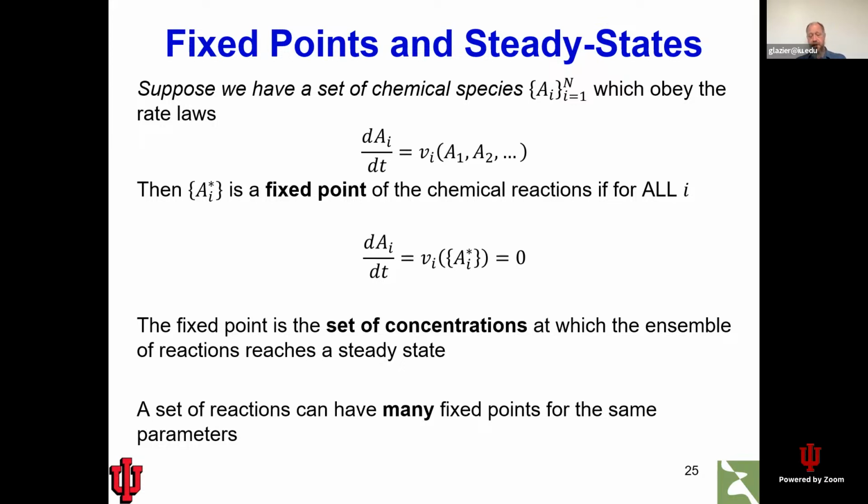For example, if a cell is in quiescence and I push the cell into the cell cycle, that would be a change of... cycling isn't really a fixed point, but you can describe cycles as something periodic that repeats, which can be thought of as related to a fixed point. And so you can have transitions from a fixed point to an oscillatory state, or from an oscillatory state to a chaotic state. Those transitions are also bifurcations as you change parameters.